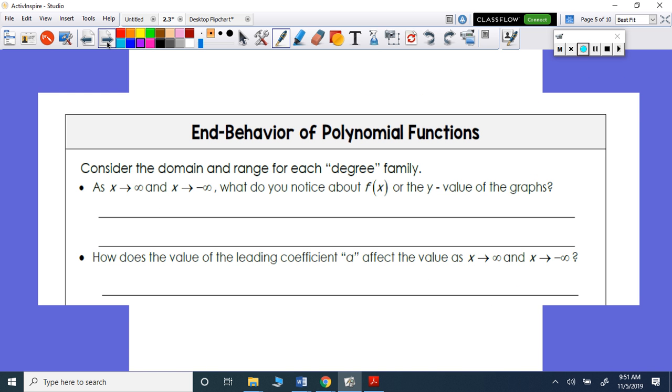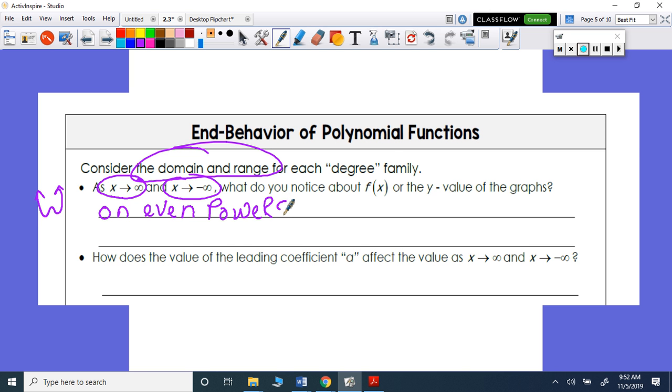Okay, so we're going to do a summary, and then you guys are going to chit-chat about it. The domain and range for each degree. As x approaches both negative and positive infinity, on even powers, you should, as soon as you see the word even power, not Austin power, you should be thinking of your U-shaped graph.